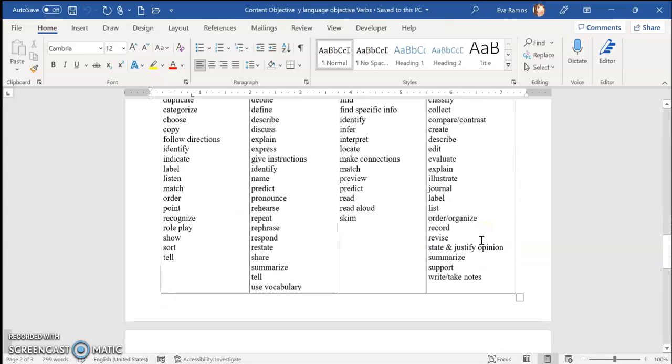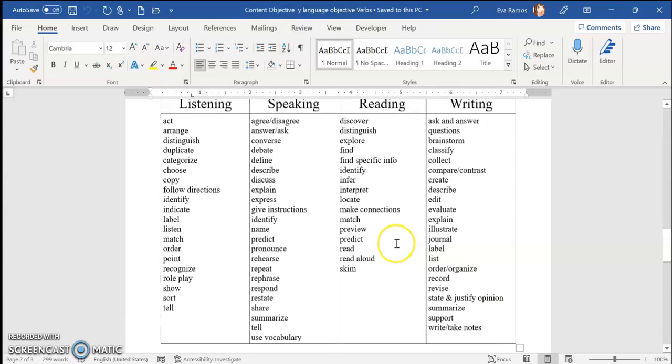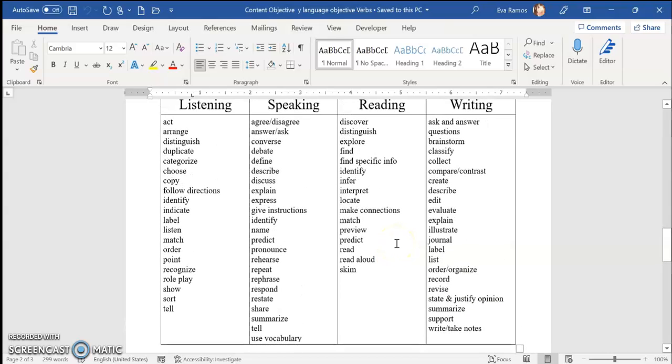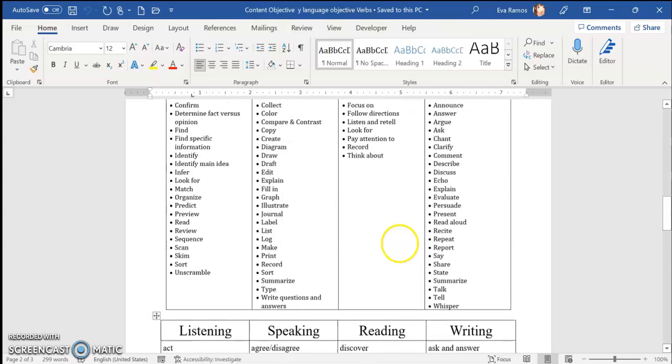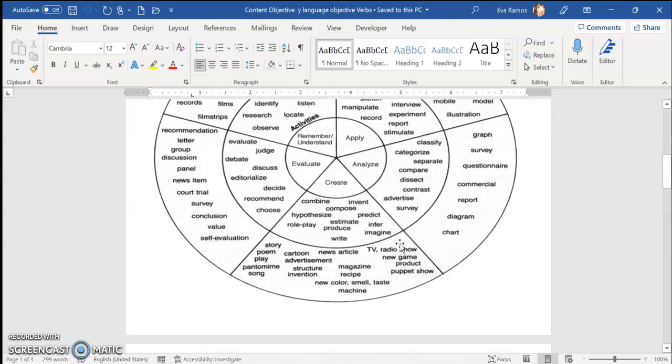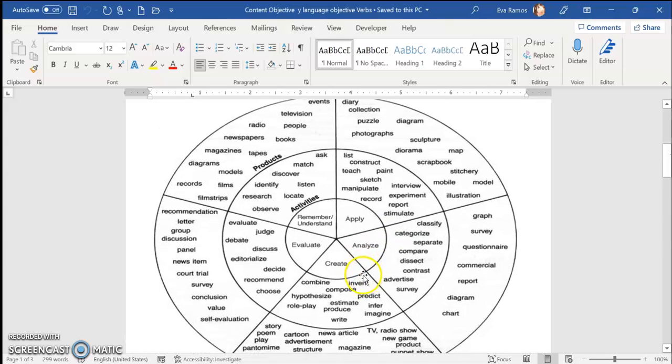So of course, have a list at hand. Sometimes we overuse the verb identify. Of course, if you are teaching younger learners, identify probably can be one of the verbs that you will be using because that's what they can do. However, try to find some other verbs to replace it.